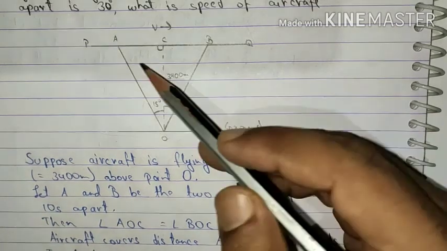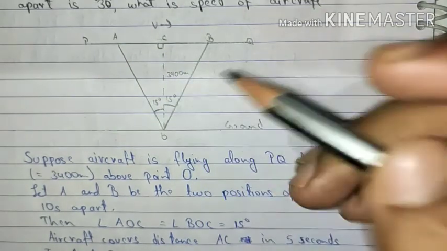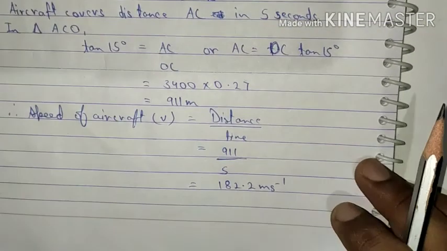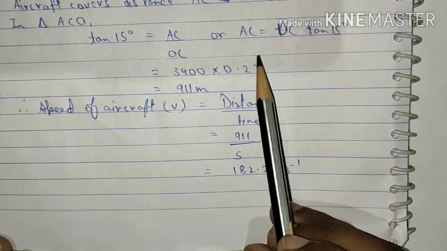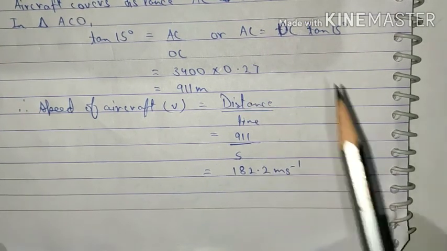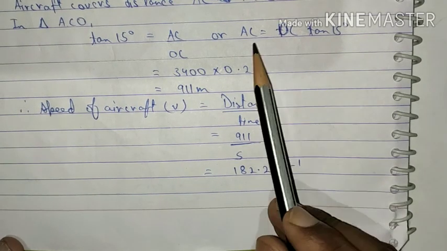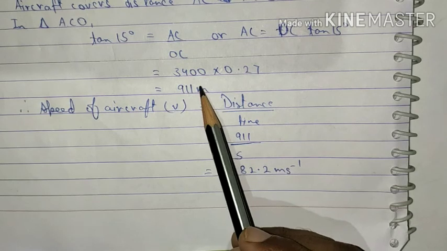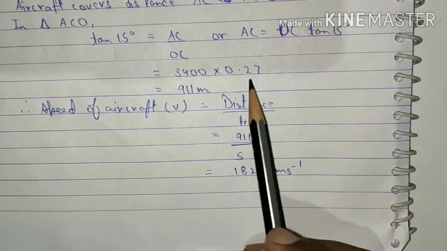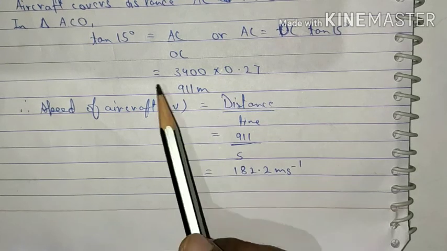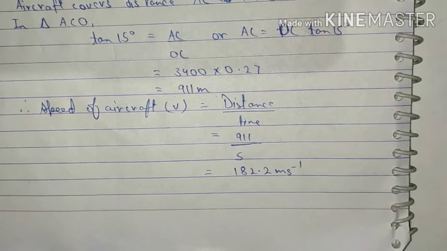So AC upon OC, which means the value of AC can be written as OC tan 15 degrees. Putting the values of OC, which is 3,400, and tan 15, which is 0.27, and solving, we get the value of AC as 911 meters.